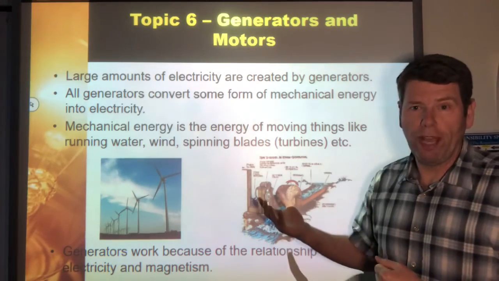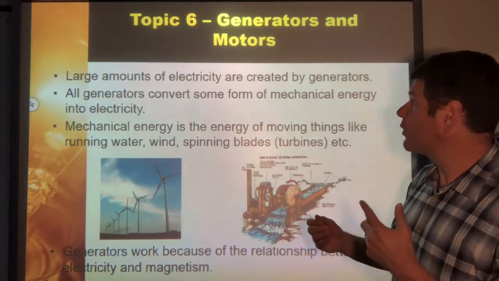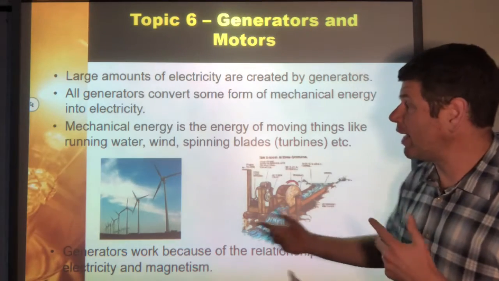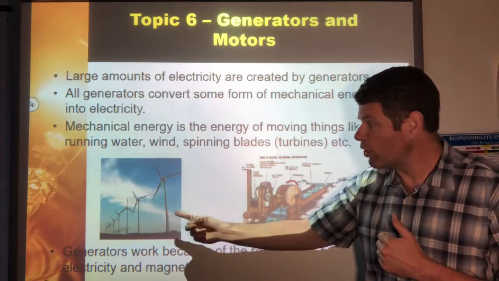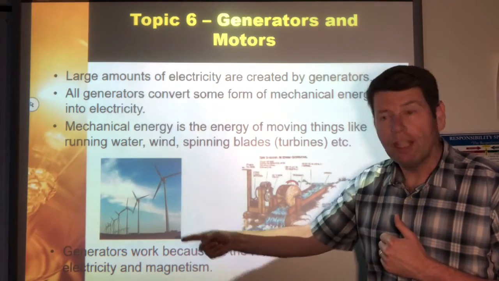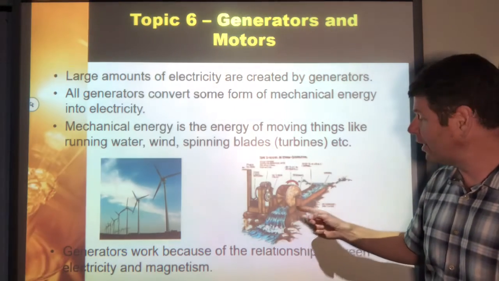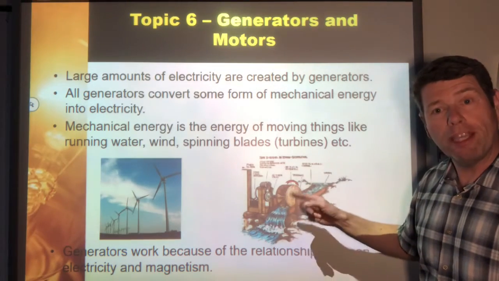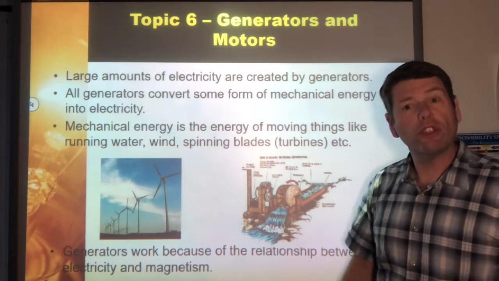All generators have to convert some kind of motion into electricity. It could be wind power moving blades, which causes a rotational motion to make electricity, or we could use water power, with water being used to move a wheel or a turbine to create electricity.